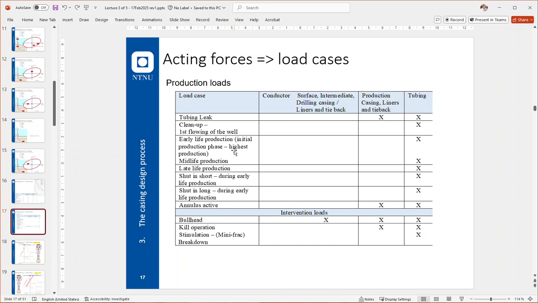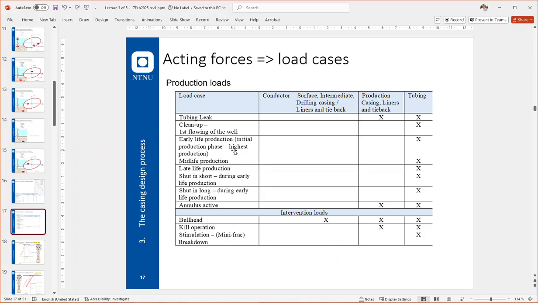And yes, we are going again through worst case scenarios with the lowest pressure support in the annulus and the highest pressure on the inside, and vice versa. The highest pressure in the annulus and the absolute lowest pressures thinkable on the inside of the tubulars.